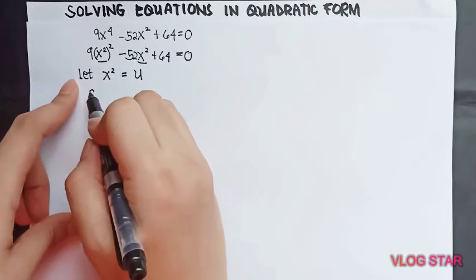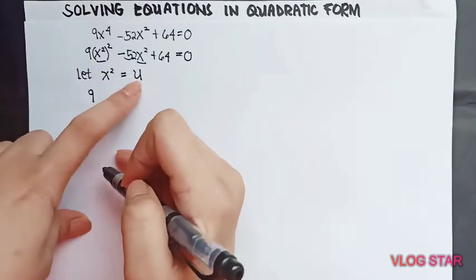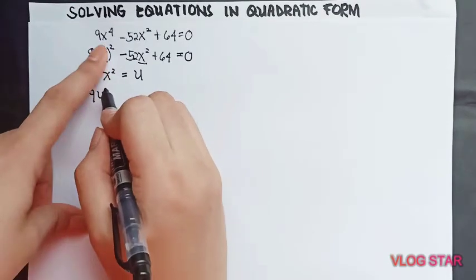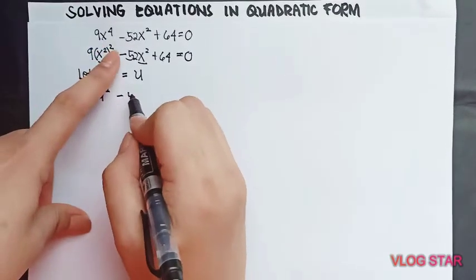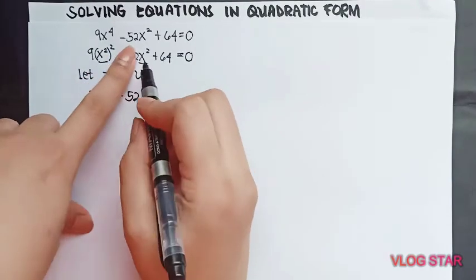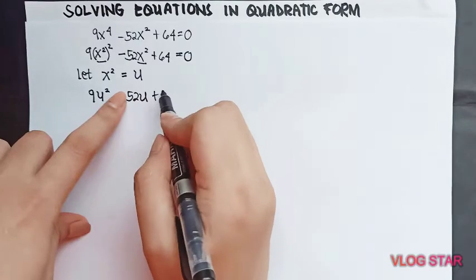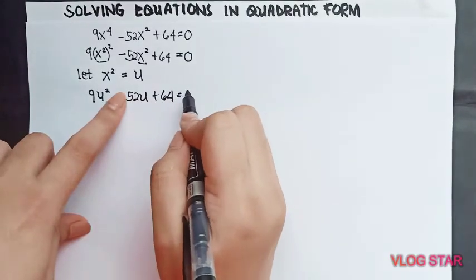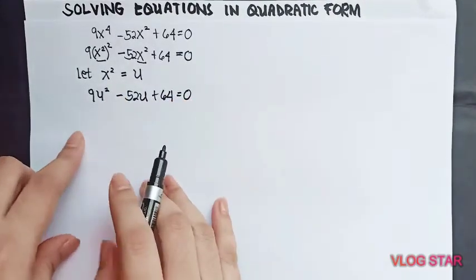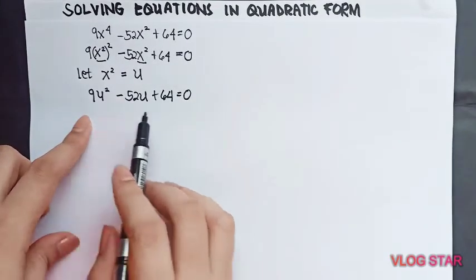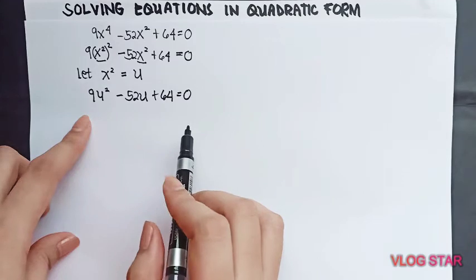So this will become 9, and x squared becomes u, so 9u squared minus 52, and again, instead of writing x squared, we will write u, plus 64 equals 0. So we have now a quadratic equation, and let's try to solve this using the quadratic formula.